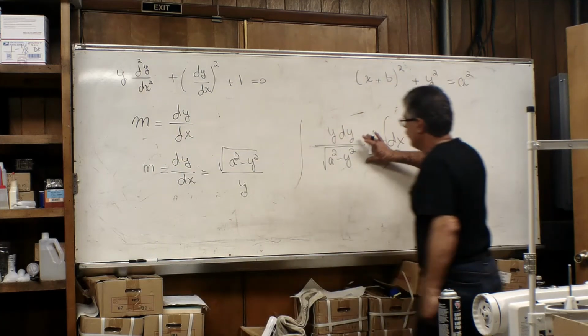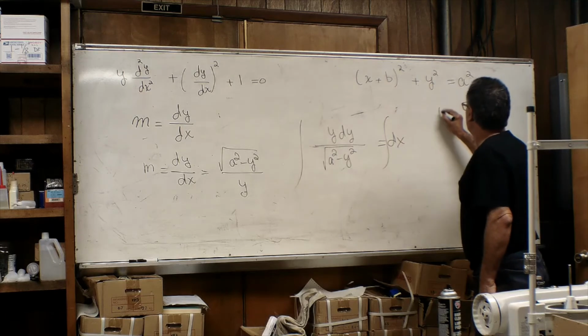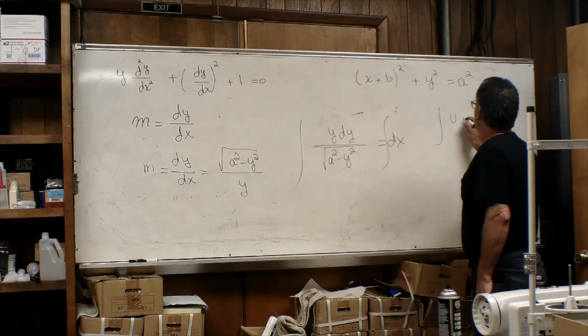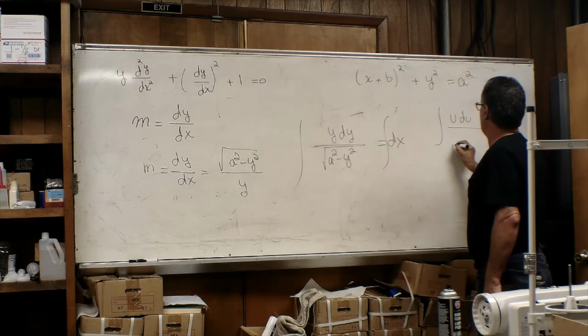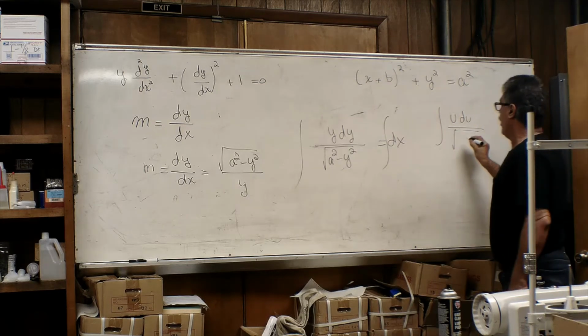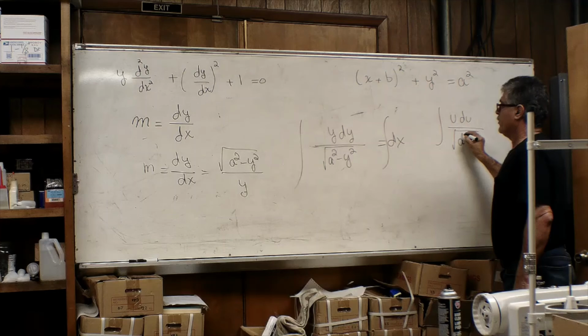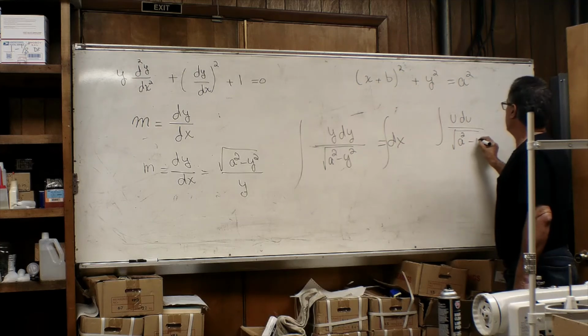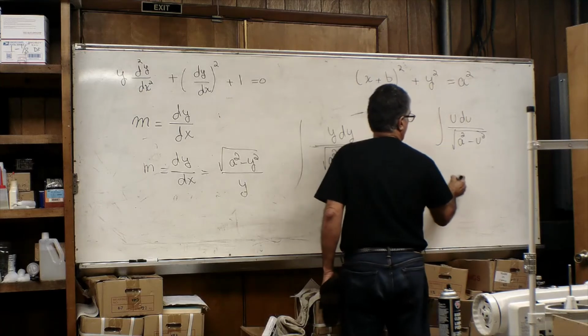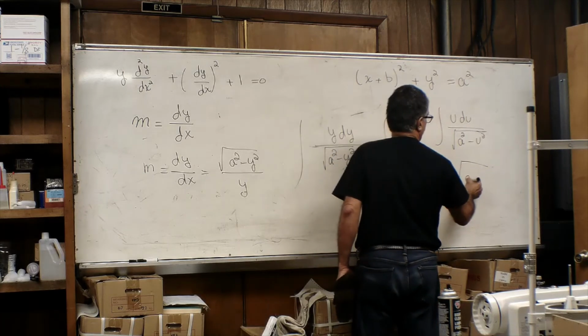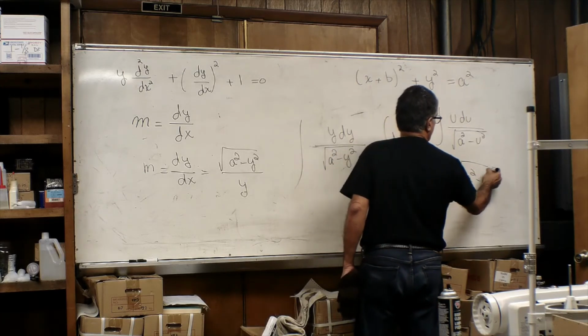So the integration of u du over the square root of a square minus u square is equal to minus the square root of a square minus u square.